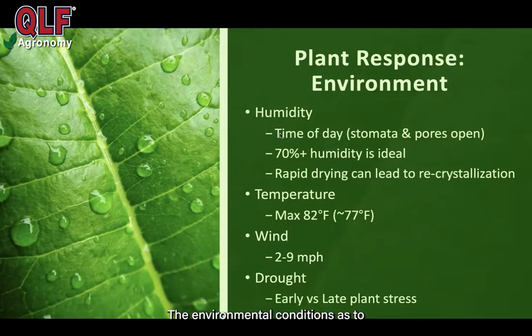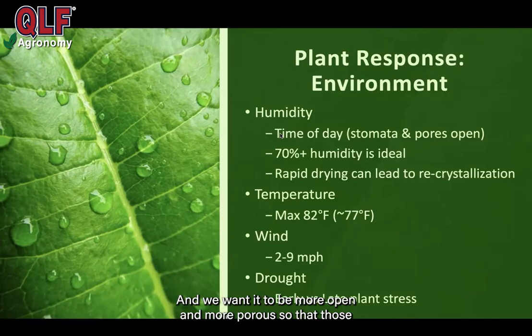Okay, environment, and this is also a really important piece of the puzzle. The environmental conditions when you are applying the foliar spray are really important, and the big one here is humidity. Humidity and temperature go hand in hand, but the key point is that high humidity means the plant is going to be more open, not so tight and closed.